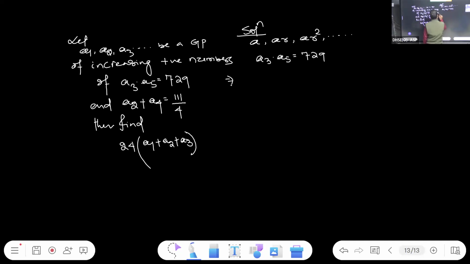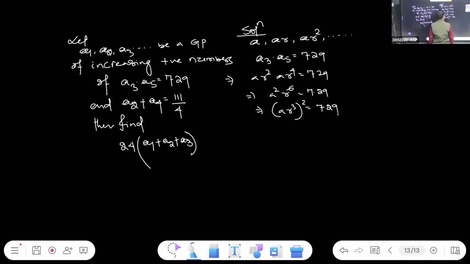This implies a3 is ar squared and a5 is ar to the power 4, so a squared r to the power 6 is equal to 729. This implies (ar cubed) whole squared is equal to 729, which is 3 to the power 3 squared. So ar cubed is equal to 27.